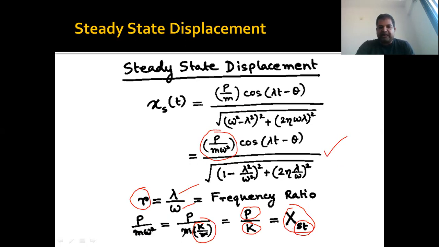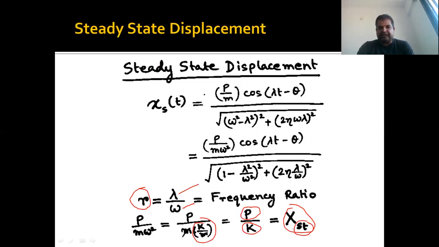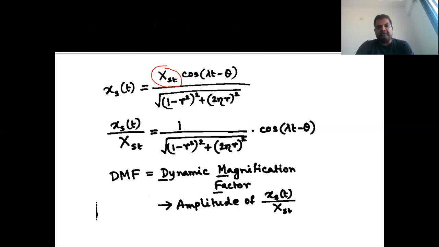P by m omega square has been replaced with P by K, or X ST. And P by K is nothing but X ST into cos lambda T minus theta, divided by the square root of 1 minus r square, whole square, plus 2 eta r whole square. So this is now the new formula for steady state displacement.